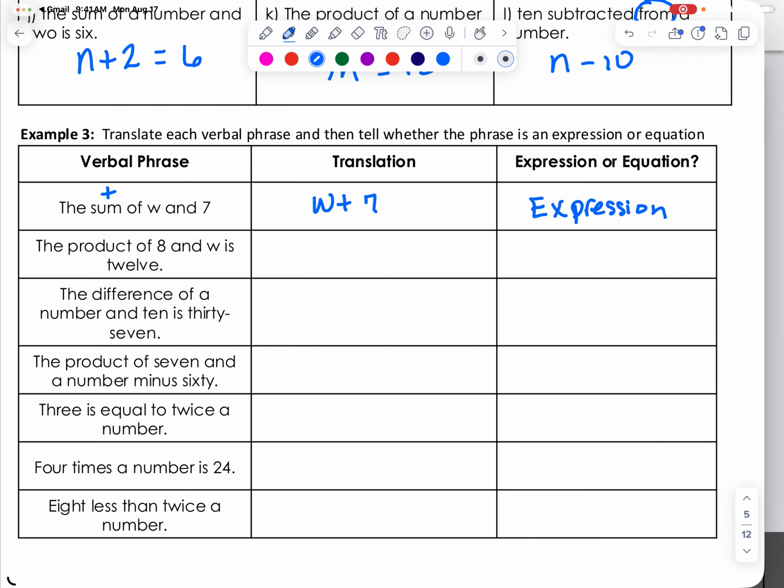Okay. Next verbal phrase. The product of 8 and W is 12. So the product of 8 and W would be 8W. For "is," we would put equals and then 12. Now, this problem contains an equals, so it must be an equation.